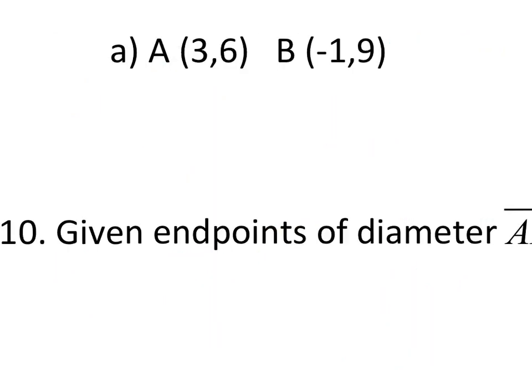Next ones, we're determining the distance. So distance is the Pythagorean theorem. That diagonal distance, d squared. The distance squared is the change in x squared plus the change in y squared. So figuring that out, distance squared, the change in x goes from 3 to negative 1. So that changes by 4.